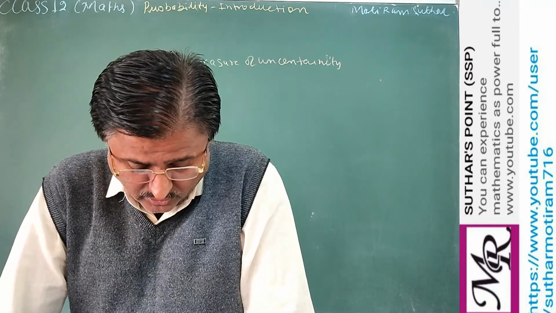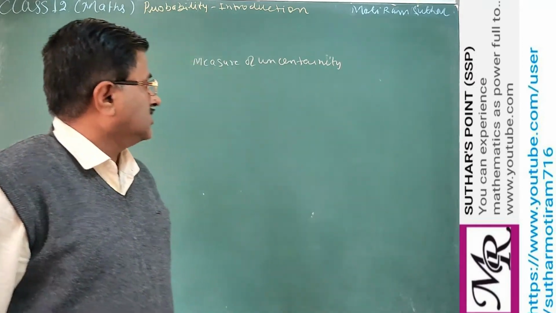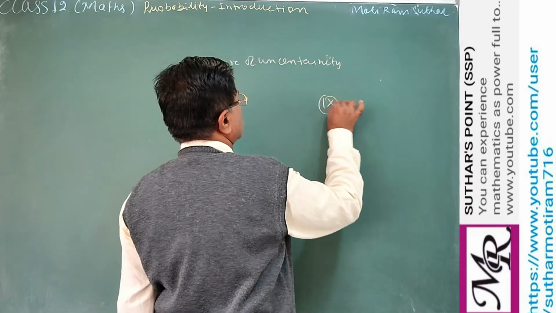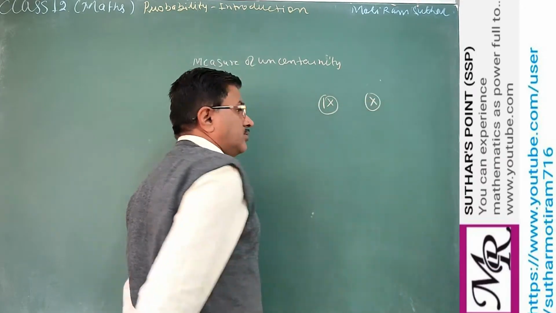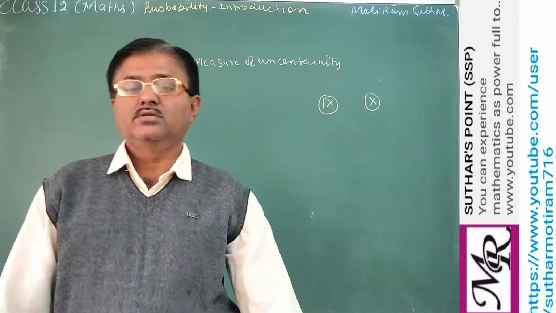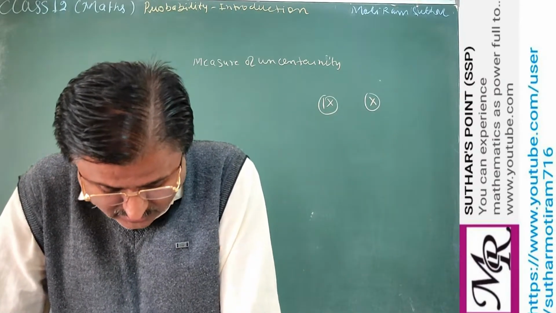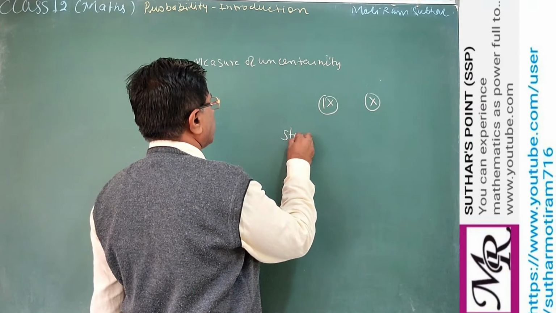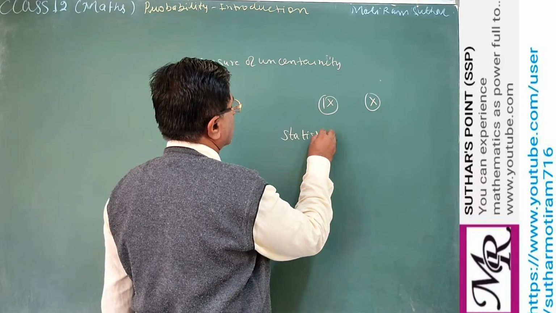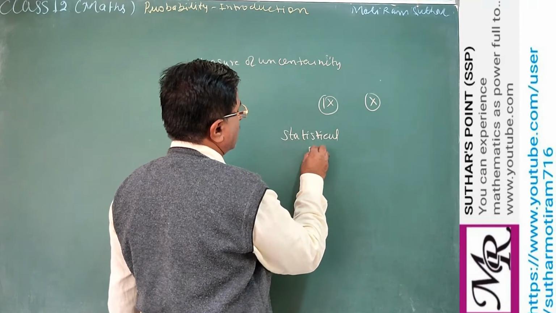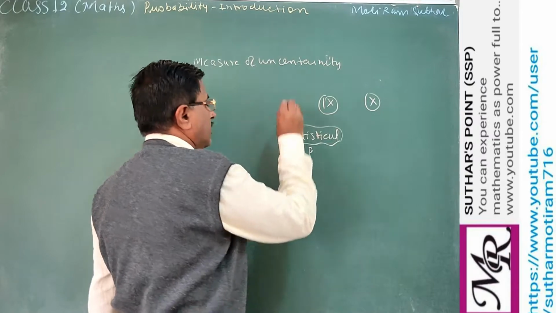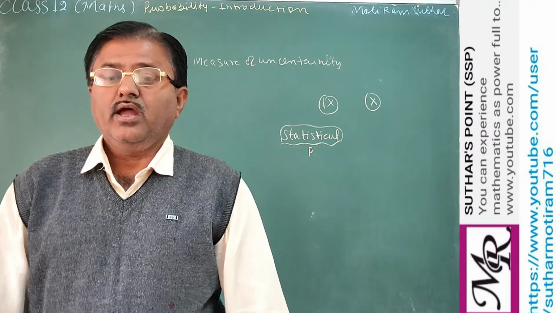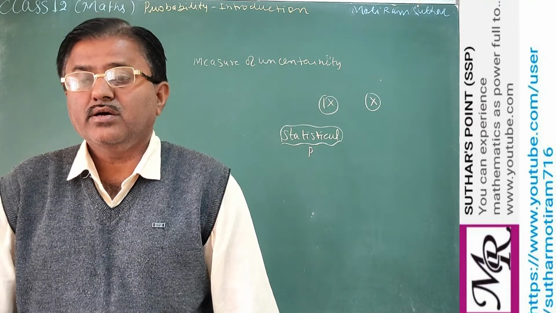Clear? So in the different cases you see 9th class as well as in 10th class, two types of probability we have to study. So in 9th class you have seen statistical probability, in which the data is already given, and we have to find the direct probability.